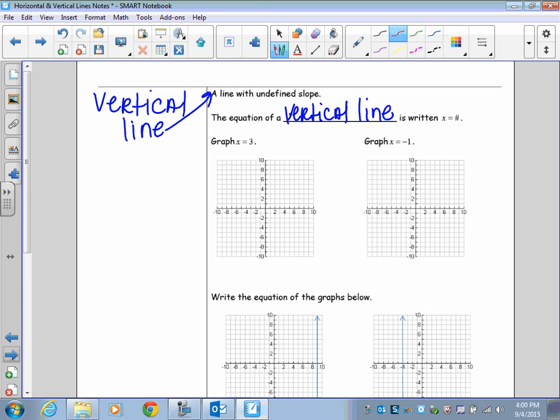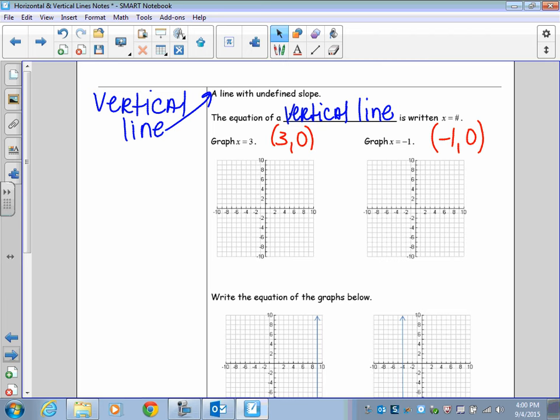My number given is 3, so my x coordinate is 3, my y is 0. For my second graph, my number given is -1. My y coordinate is 0. Now that I have my points, I plot those points on my graph and I graph my line.